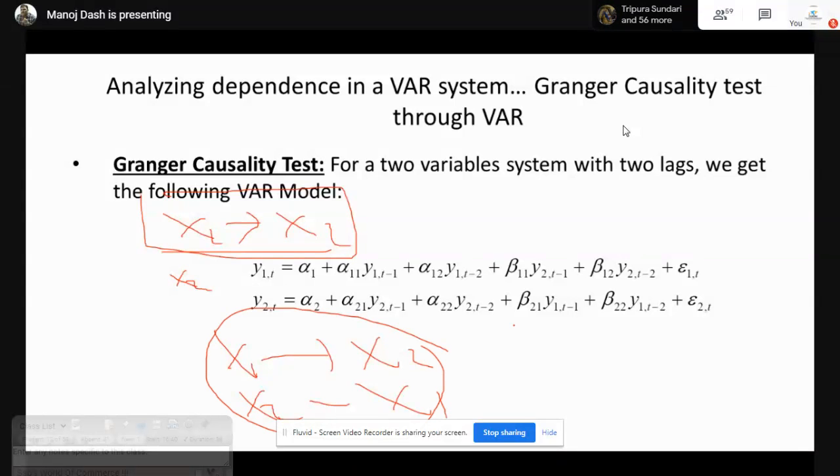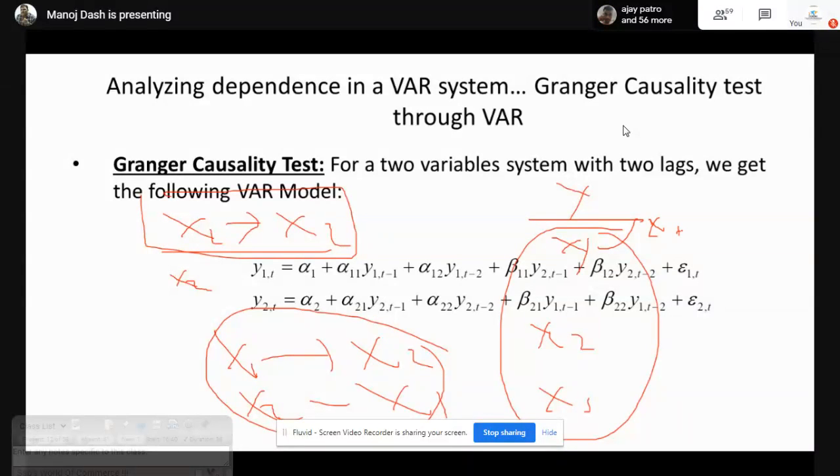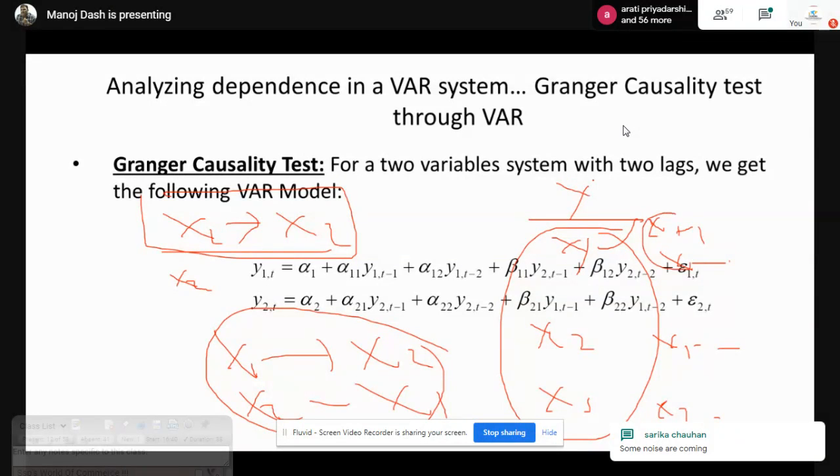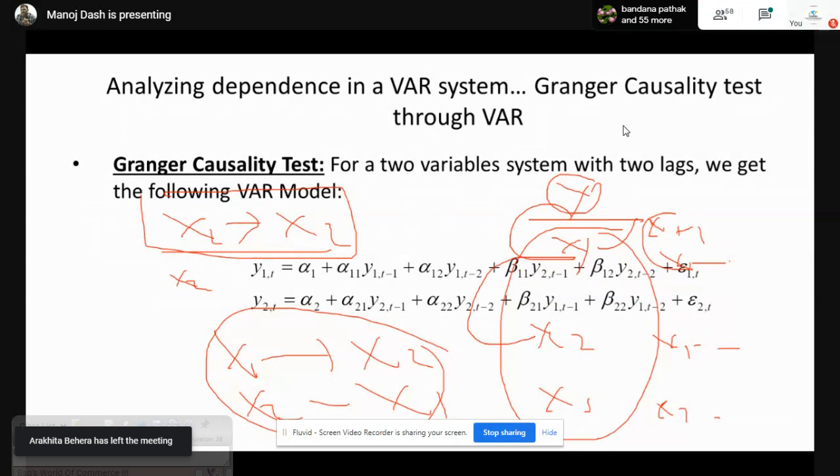But I want to find out y, my one dependent variable, with x1, x2 and x3, all three together. I am taking two previous prices of x1, two previous prices of x2, and two previous prices of x3. I want to check whether this variable is caused by x1, or x2, or x3. So when you have more than two variables and you want to check the Granger causes, that can be checked through this.